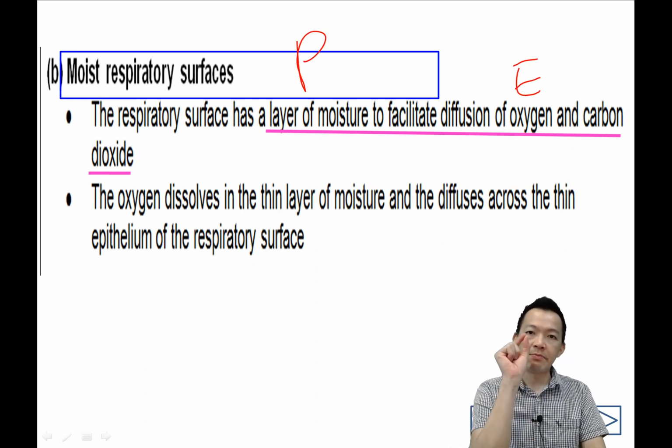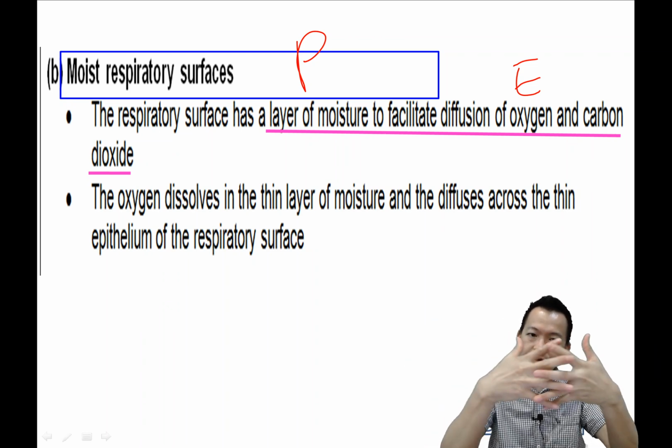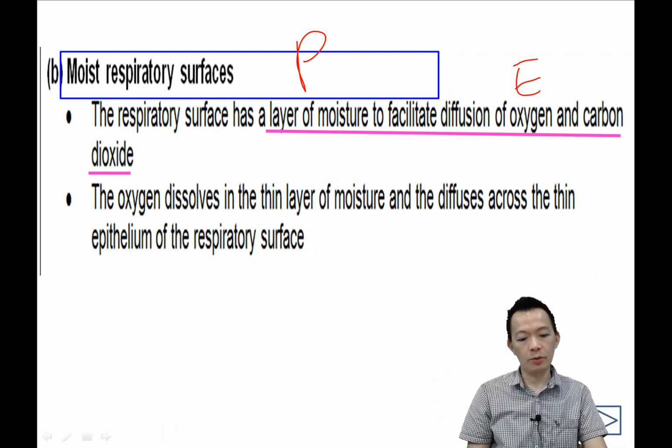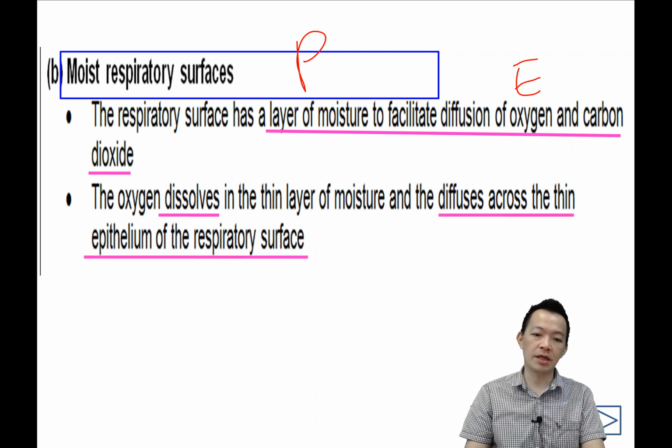Okay, the moisture also helps to dissolve the gases. 给我们的气体呢溶解在液体里面，溶解在水里面，所以它才可以渗透嘛。So oxygen dissolves in the thin layer of moisture and diffuses across a thin epithelium of the respiratory surface.